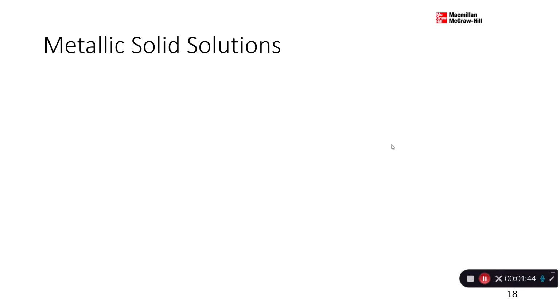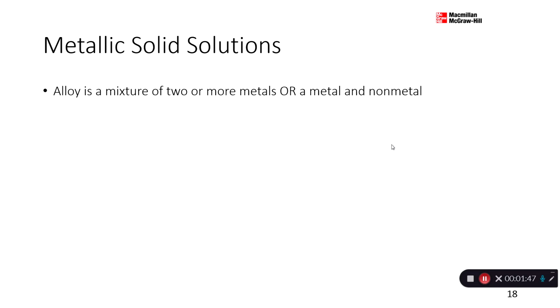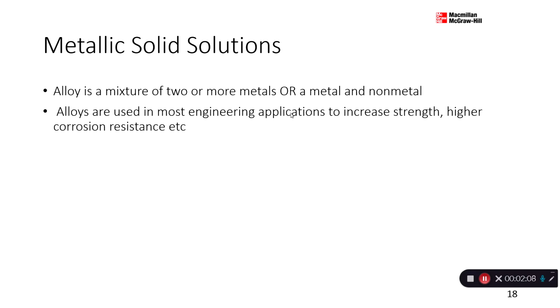Okay, let us first look at the definition of metallic solid solution. An alloy is a mixture of two or more metals or a metal and non-metal. As long as there are two or more components and at least one of them has to be metal, it's considered an alloy. Alloy is the common word we use to describe these metallic solid solutions. Alloys are very popular.